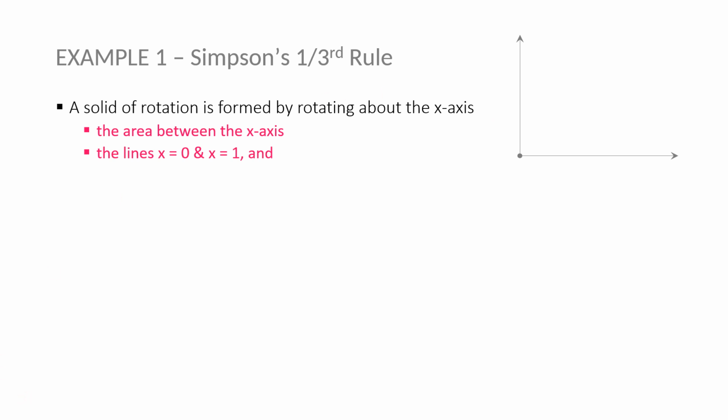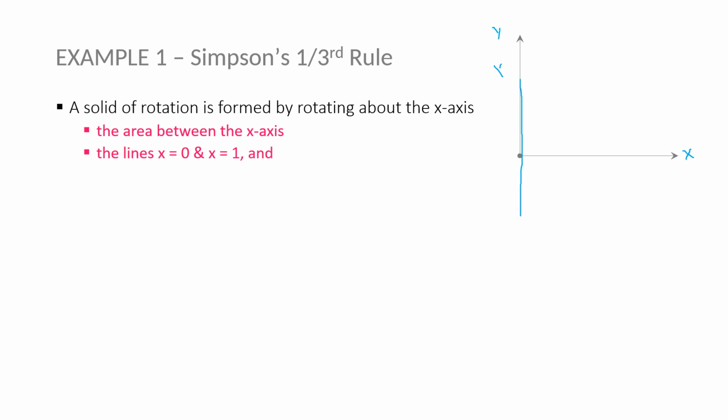So let me draw those lines. So if this is x and this is y, a line x equals to 0 means that line, or y-axis.